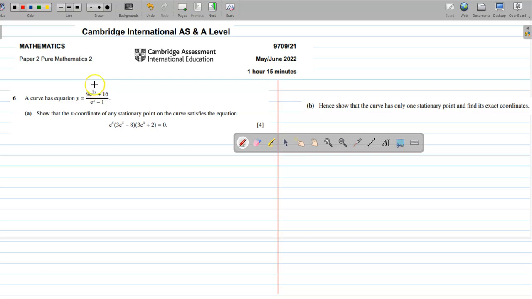If we let the numerator be u and the denominator be v, it means that by the quotient rule dy by dx, which is the gradient, is equal to v du dx minus u dv dx, all of that over v squared.